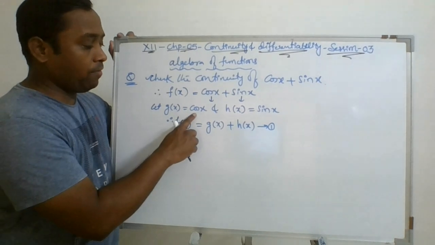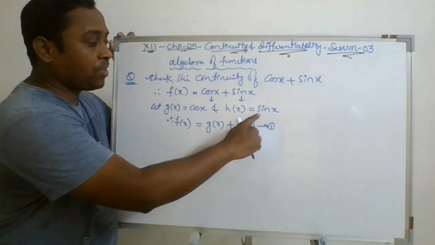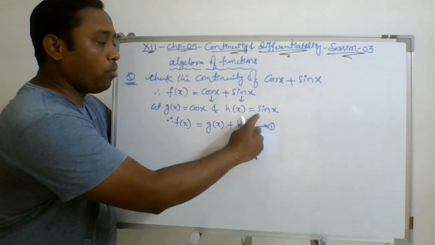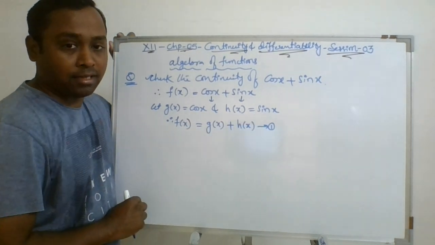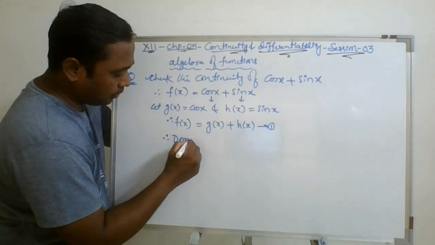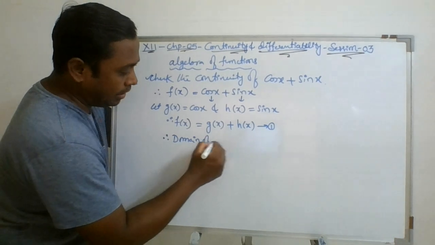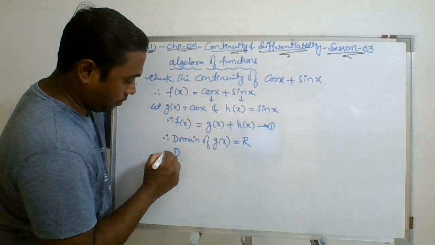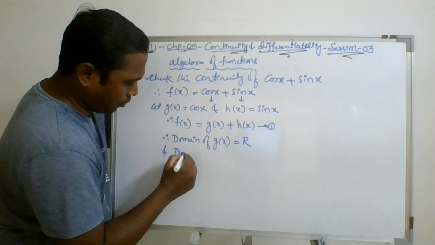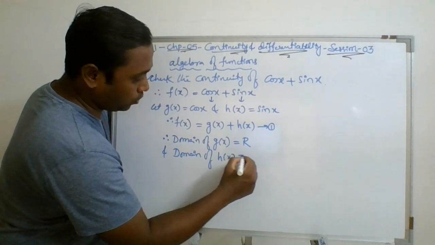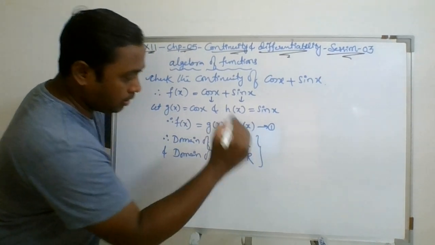You know the domain of cos x is the real numbers, the domain of sin x is also the real numbers, hence the domain of both functions is the real numbers. So you can write here: domain of g of x is the real numbers and domain of h of x is also the real numbers.